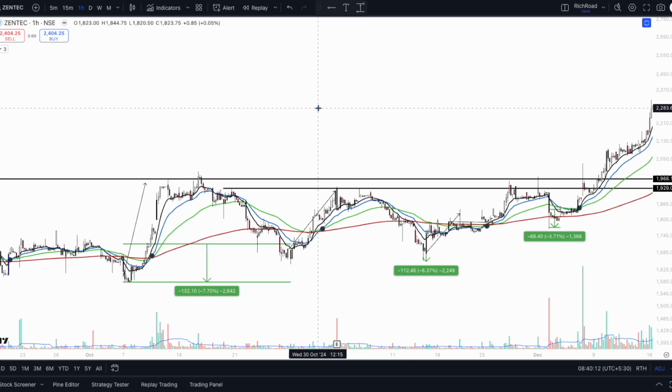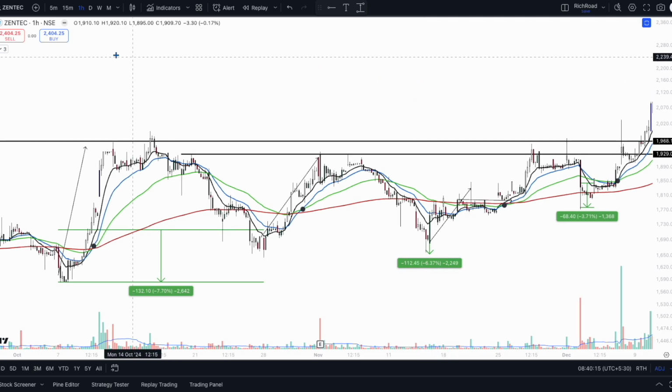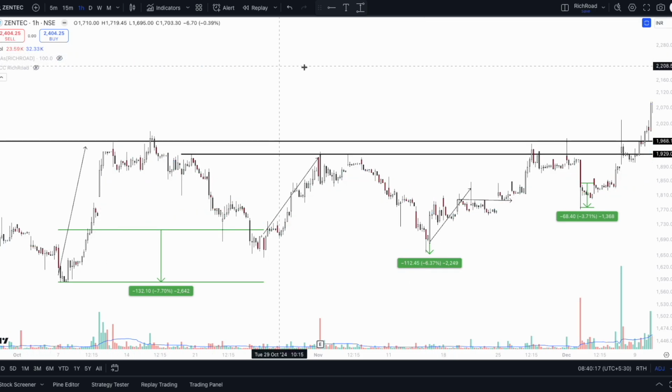See for yourself. I'll get rid of the moving averages, they are not helping us over here. Single up move, there is no structural point here. Single up move, no structural point here. Now compare this. There is clearly an up move and a flat consolidation, right, over here, and then an up move. And then this red candle brings us to a structural point here. The last structural point is this, right?